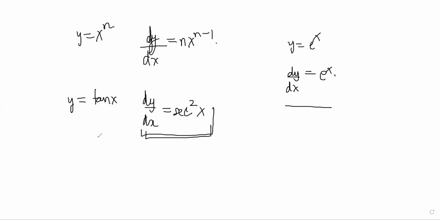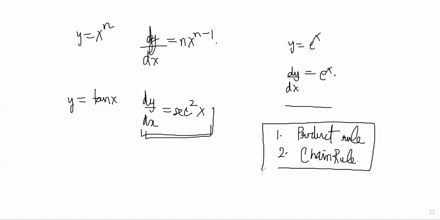And we will also learn some rules. So far I have not told you about the product rule for differentiation. Product rule, we also have to do the chain rule. These two things we have to do right now, and then we have to go on to integration. So three things, because we also have to do maximum minimum.